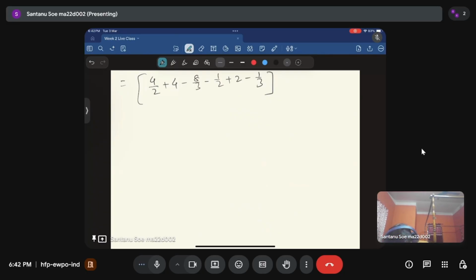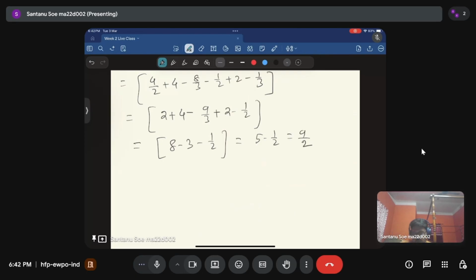Okay, this is going to be 2 plus 4, minus 9 by 3 plus 2 minus 1 by 2, so this is 4 and 4 is 8, minus 3 minus 1 by 2, so this is 5 minus 1 by 2, so it should be 9 by 2. Okay.